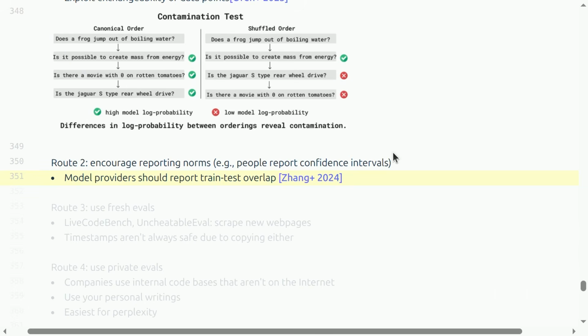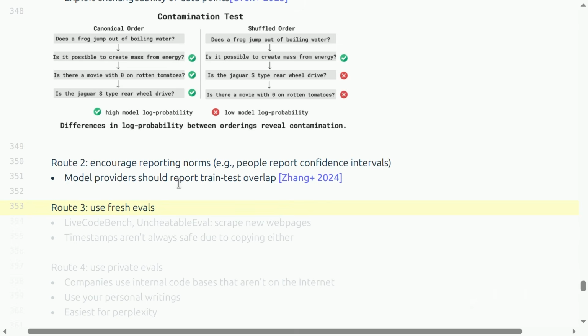You have an estimate, and I always want to know how reliable that estimate is. This is just standard practice. And so the idea of this position paper is that model providers, if you're going to claim some GPQA score, should always provide some justification that you didn't train on the test set.